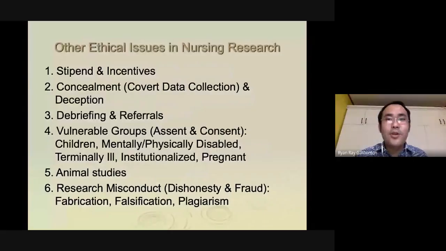The participant should not be inconvenienced by your research, in terms of financial aspect, in terms of socio-economic aspect, and the likes. So you have to provide them with stipend or allowance, or even give them incentive.